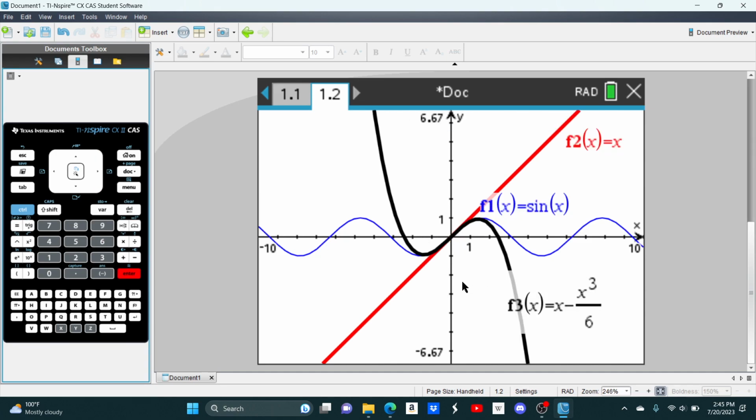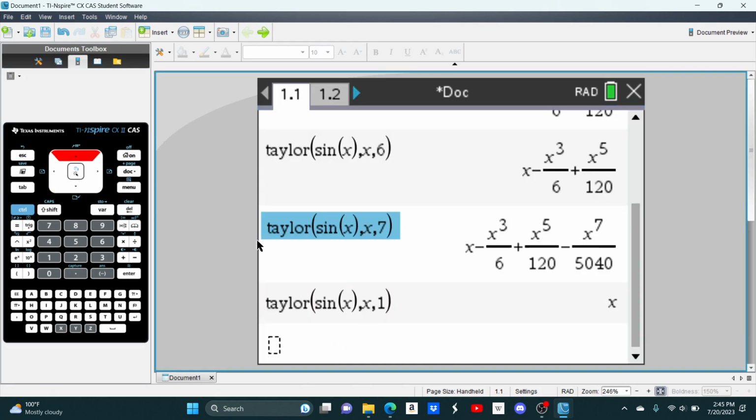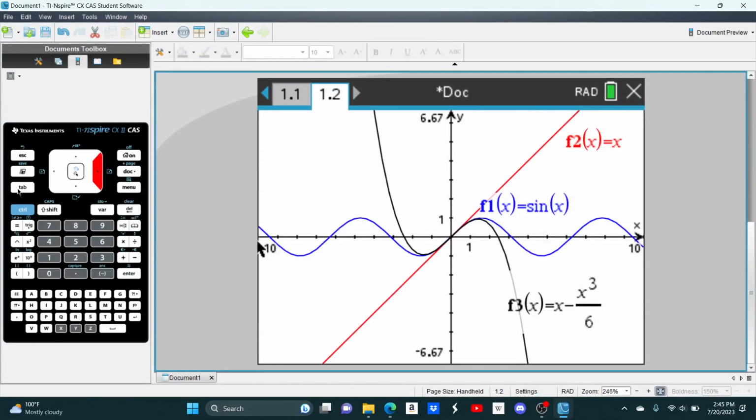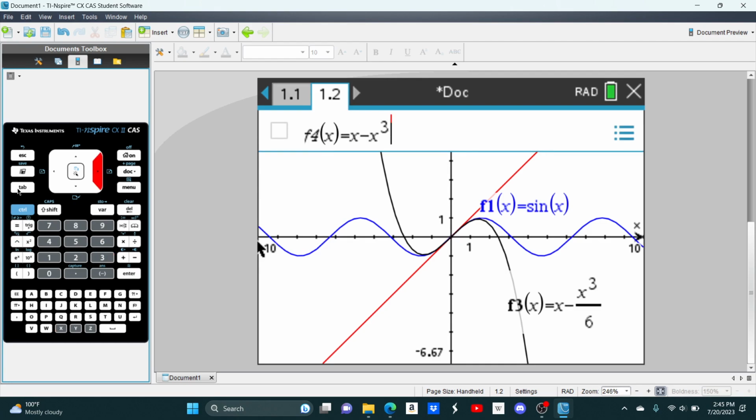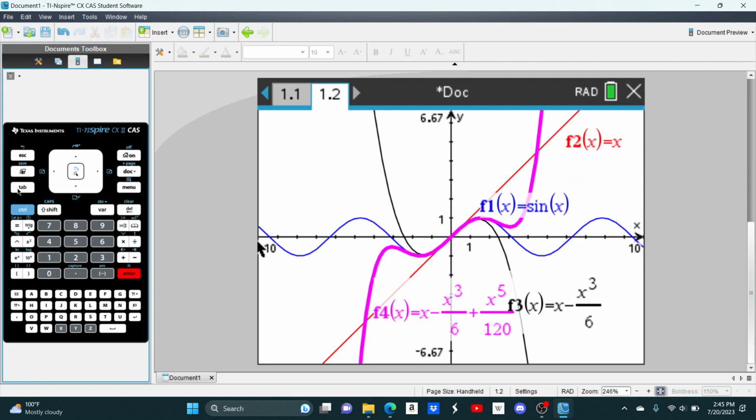You see how the estimation as you get closer to 0 is better and better and better? Then if I do this for the third degree, you see how it gets better and better and better? But it's centered around this x equals 0. The more terms you use, the better approximation you would get. And in fact, theoretically, if you were to use an infinite number of terms, you would get the exact value of sine of x everywhere on the curve. But the point is, you see it's centered around this x equals 0.